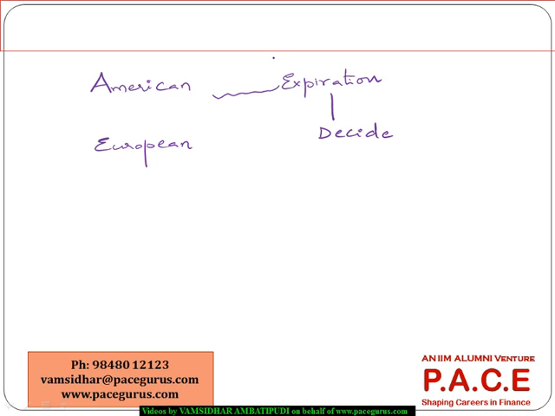Let's say the expiration date is 20th August 2014, and today it is 1st August 2014. The party who has entered into this American option can decide on any of these days from 1st August to 20th August when he can exercise the option or when he can expire the option. That is the characteristic associated with an American option.